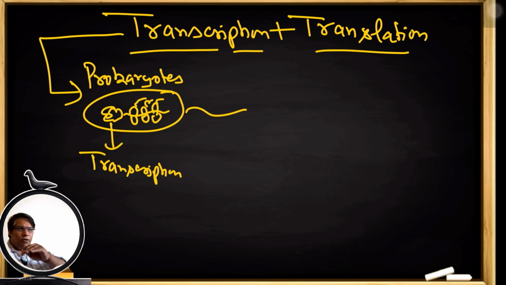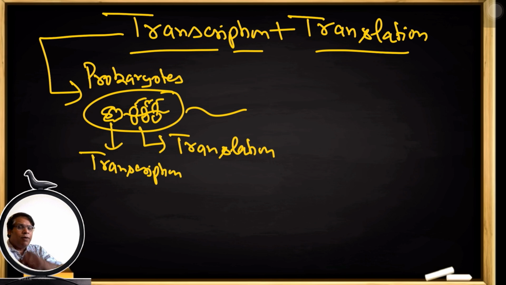The RNA will come out and then be used as a template by the protein synthesis machinery. Ribosomes will pick up the RNA and synthesize the protein. So the transcription process and translation process are coupled. You are not going to see any boundary because around the DNA you are not going to have a nuclear membrane.